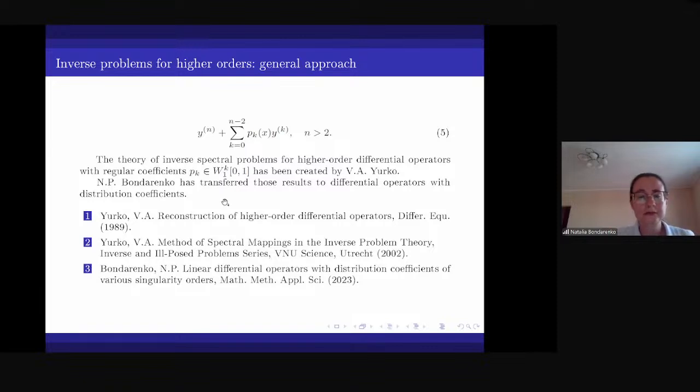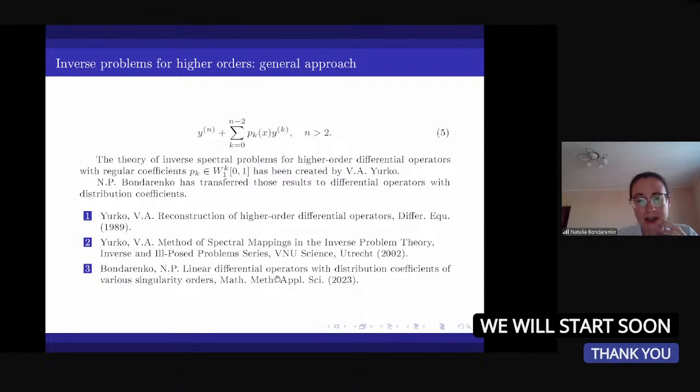And later on in my papers, in my works, this method was transferred to differential operators with non-smooth coefficients and even distribution coefficients. In particular, you can find some useful results in this paper for distribution coefficients of various singularity orders.